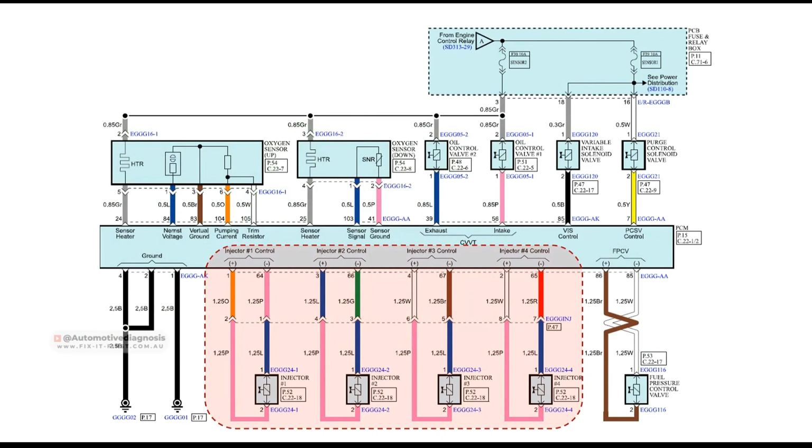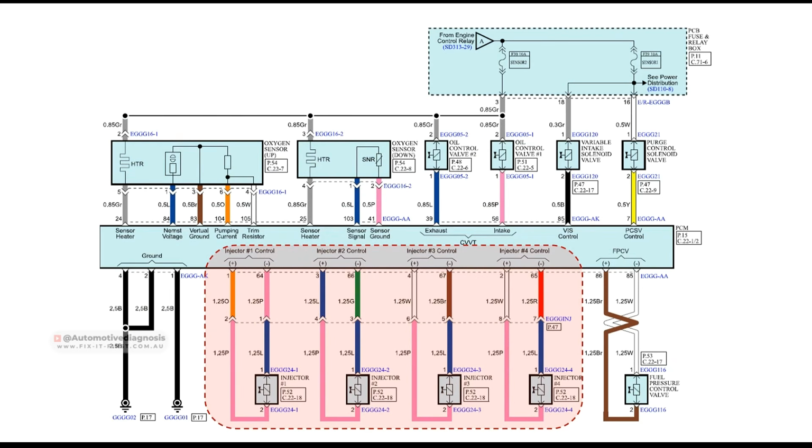You see 4 injectors right now on this wiring diagram, and you notice that the injectors are connected directly to the engine control module. In many cases, if your car has an MFI fuel system, out of the 2 wires on the injectors, one is coming from the fuse box, bringing the power, which is going to be the battery voltage, and the other one is the control line connected to the ECM to control the injector operation.